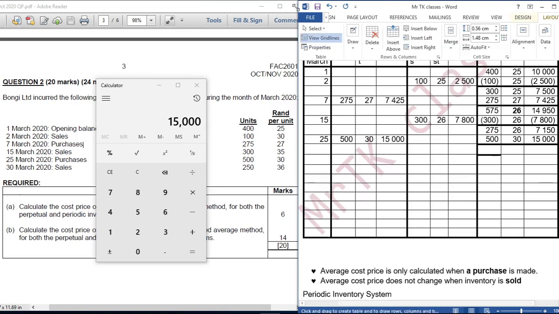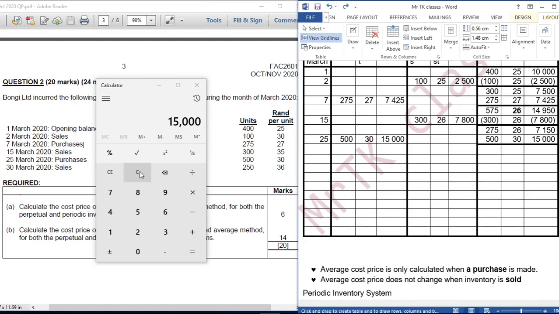What is the total then? We say 275 plus 500, we get 775. Then 7,150 plus 15,000 is 22,150.